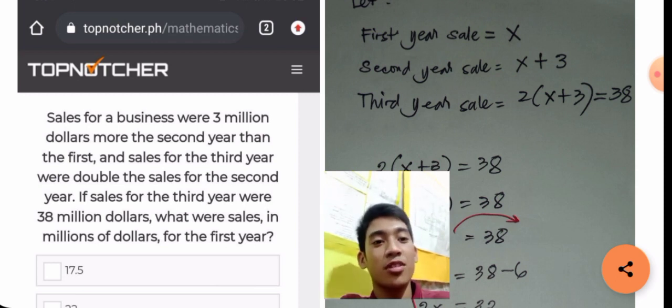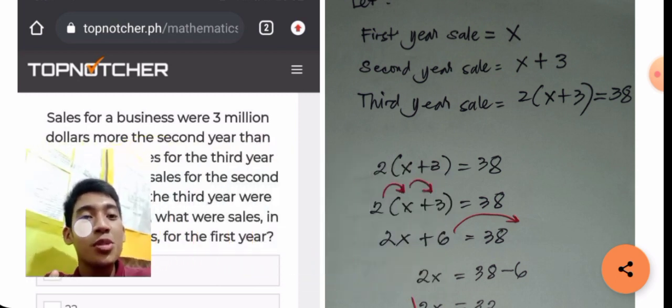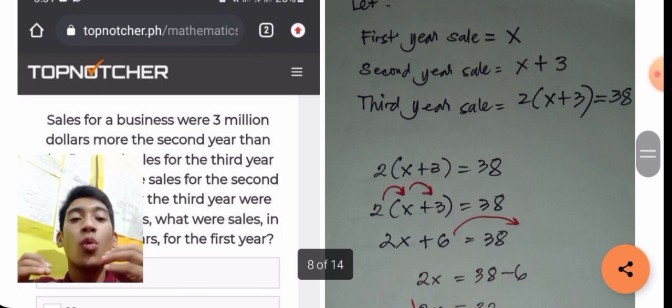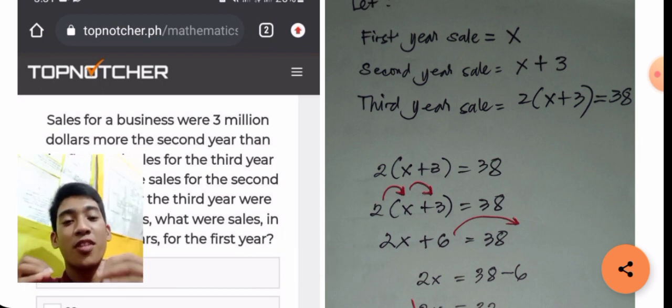Using this equation of the third year sale, we can determine the value of x, our first year sale.